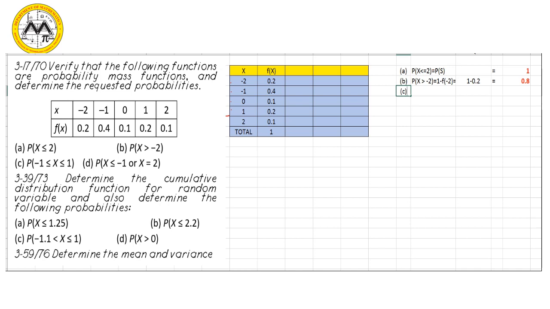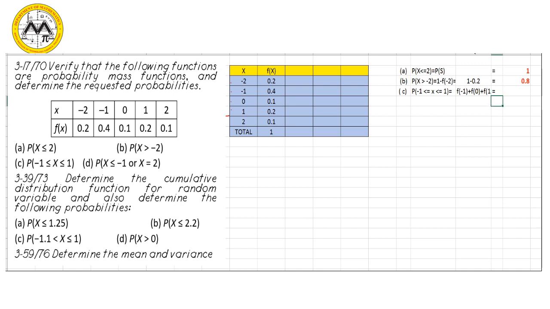How about letter C? For letter C, we're looking for the probability that the random variable x contains values in between -1 and +1 inclusive. So what are those values? That would be f of -1, f of 0, and f of 1.